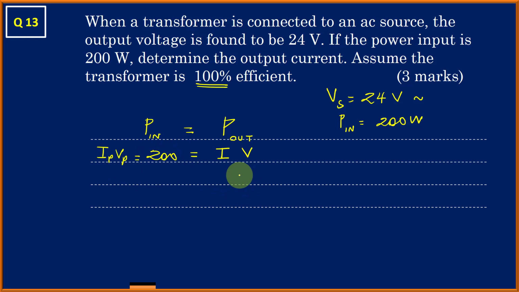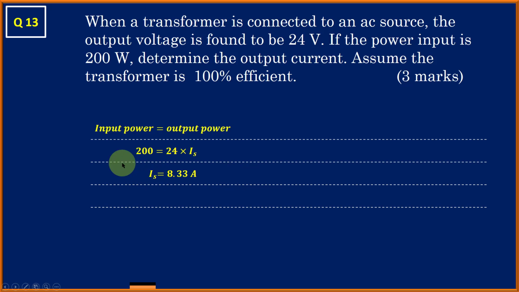It is on the right hand side where I'm required to calculate the current in the secondary. And using this expression, I'm able to get the correct answer. So 200 is equal to 24 times current in the secondary. I get 8.33.